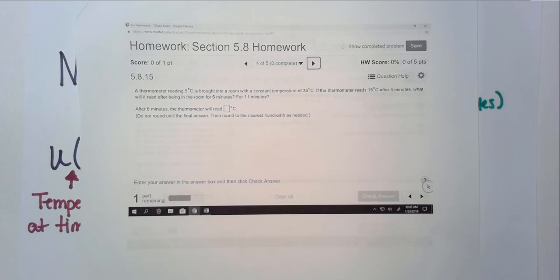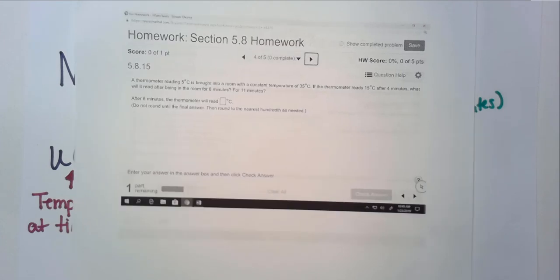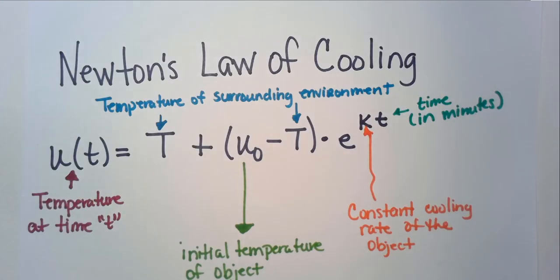First of all, we need to set up the equation. Since we're talking about degrees here, we'll use Newton's law of cooling: U of t equals T, the temperature of the surrounding environment, plus U sub zero, the initial temperature of the object, minus T, times e to the k times t.